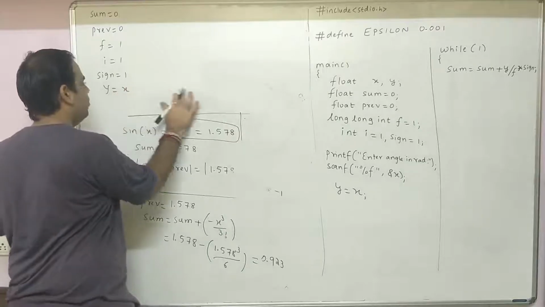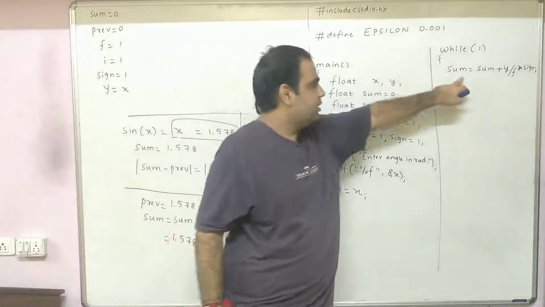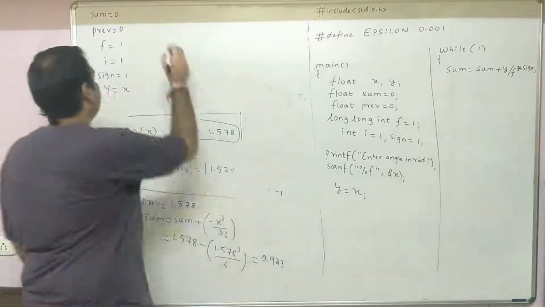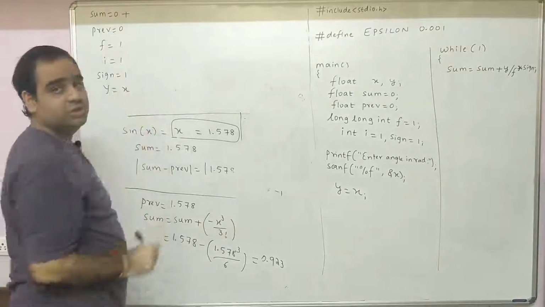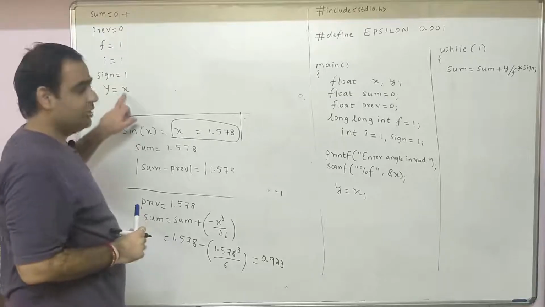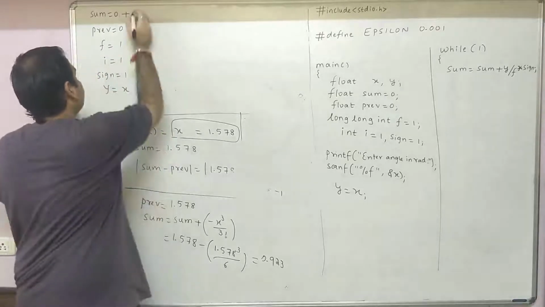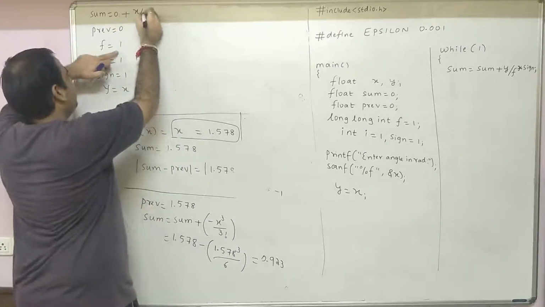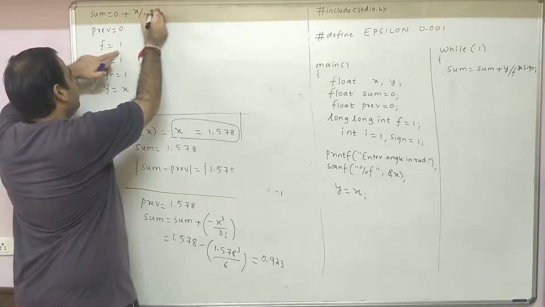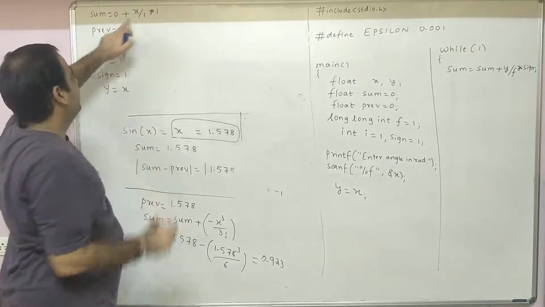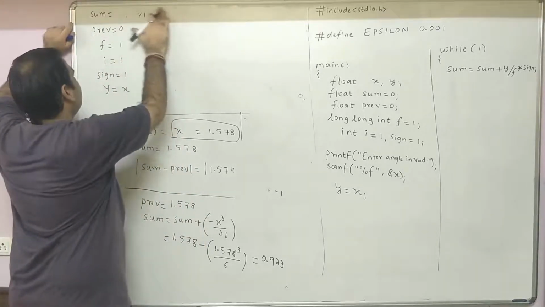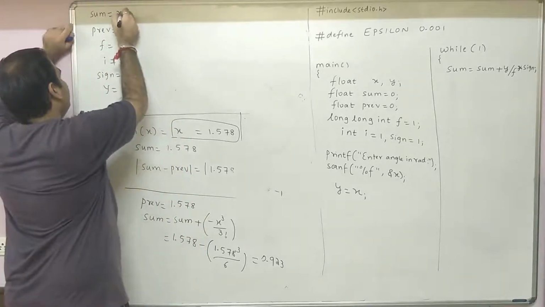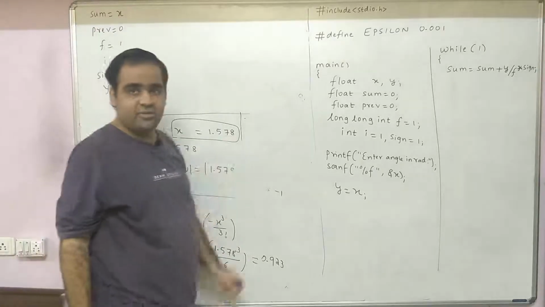Y gets the value of x. While 1, it is true, sum is equal to sum plus y by f multiplied by sign. Sum is equal to 0 plus x divided by f, f is 1, multiplied by sign, and sign is 1. x by 1 into 1 is nothing but x. x plus 0 is nothing but x. Therefore, sum will become x. Now you have got the first term.